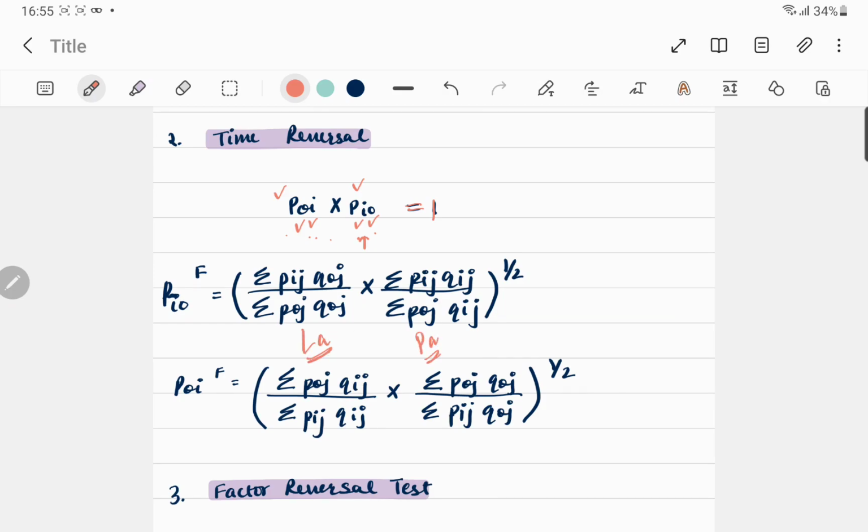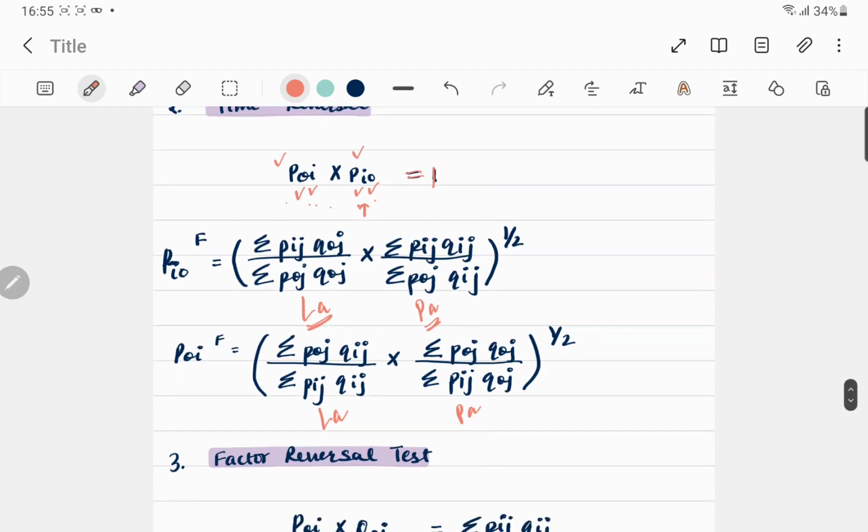This is your Laspeyres', this is your Paasche's, and this is where you take the geometric mean. Similarly, P10 is something we are defining, and it will look something like this. Now it is very evident that if you multiply these, everything is going to cancel off, this with this, this with this, and this with this, and hence you will get 1.